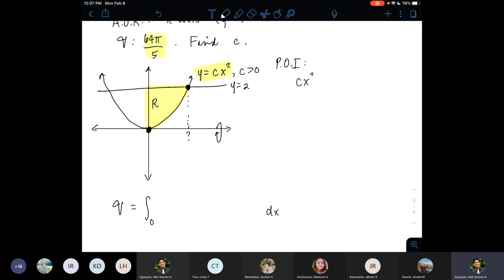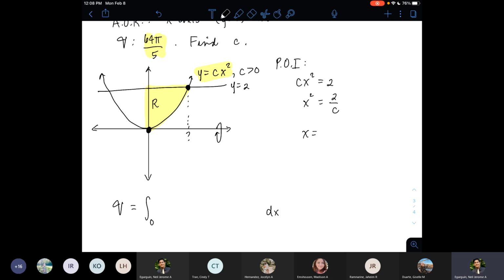So I have cx squared equals 2, and solve for x. Now c is an undetermined constant. I know this is greater than 0, so I can divide both sides by c, having 2 over c. Then I will take the square root of both sides.